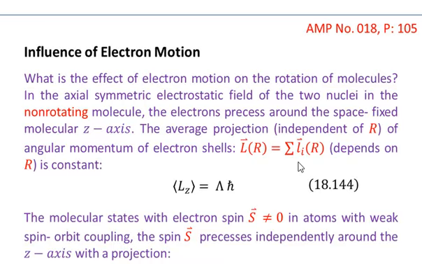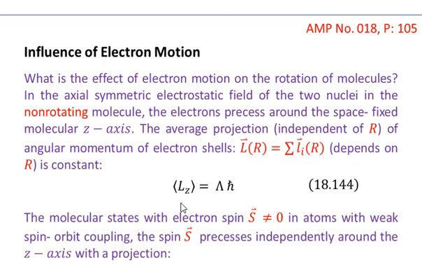individual angular momenta of the individual electrons, and each of these Li will be a function of capital R, where Li stands for the angular momentum of the ith electron. The average projection of the angular momentum of the electron is constant.